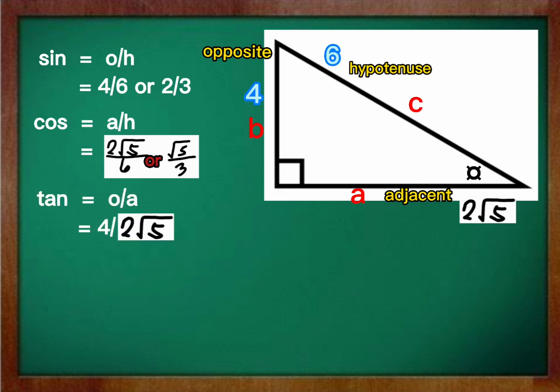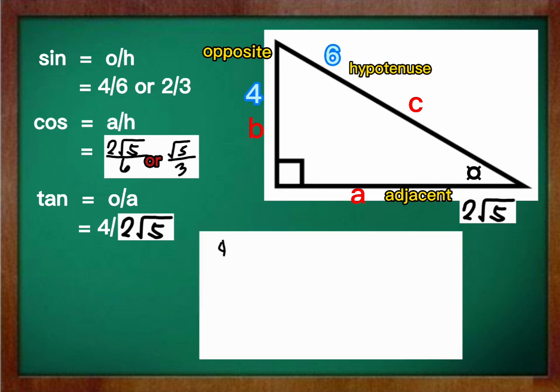The tangent, that's 4 over 2 square root of 5. So in fractions, it's improper to have a denominator with square roots. So in eradicating square roots, you multiply the numerator and the denominator by the square root itself. So that's multiplied by square root of 5 over square root of 5.